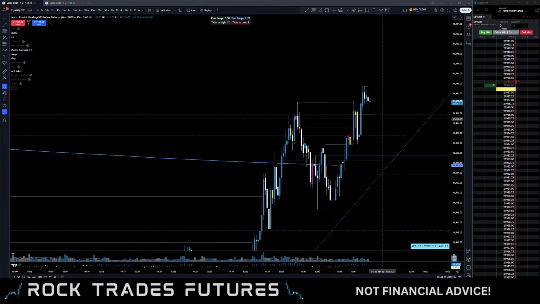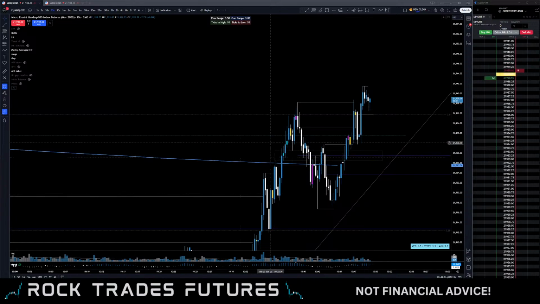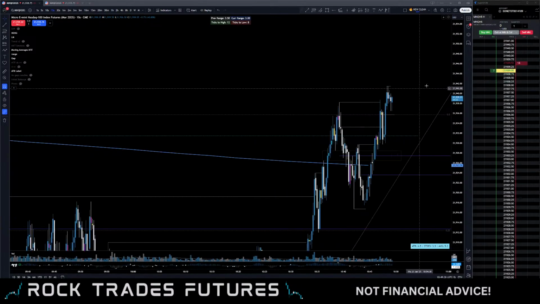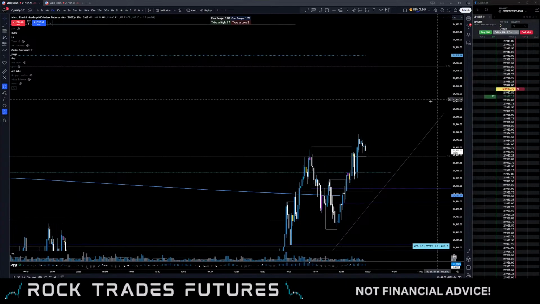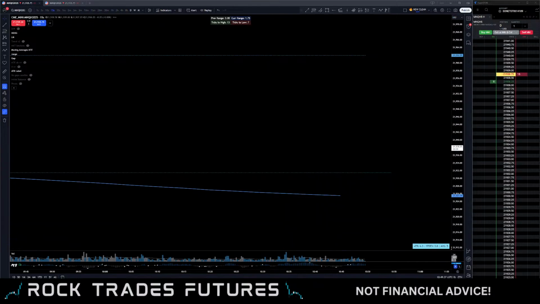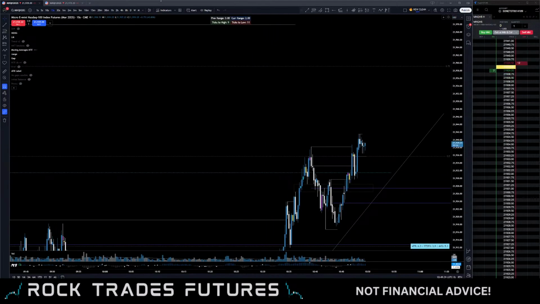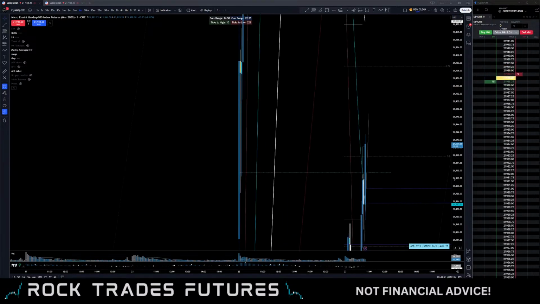For whatever reason, I do like London lows and I love reversals. A little bit of no man's land here though. Regular trading hours, 5-minute chart.